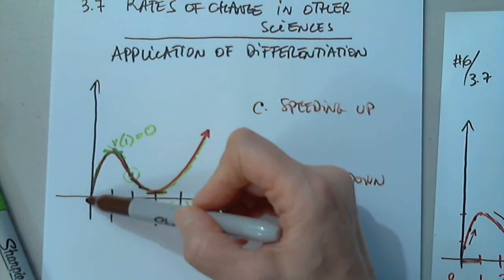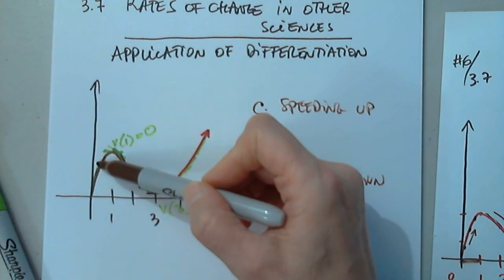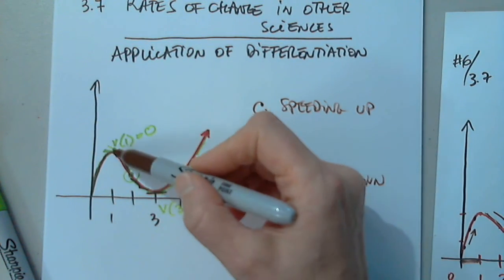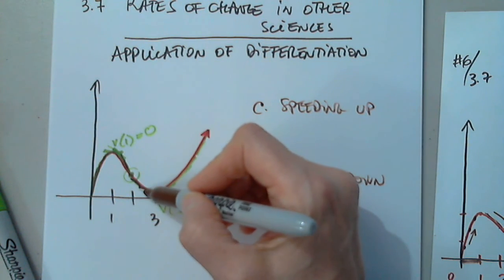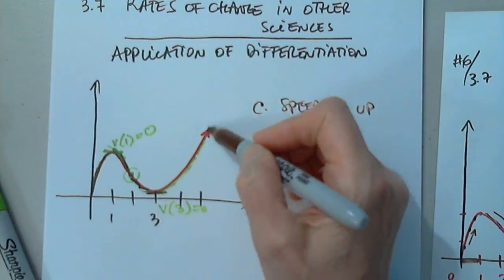So the function is slowing down, speeding up, slowing down, speeding up.